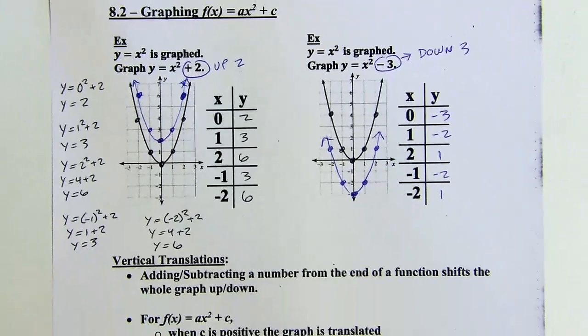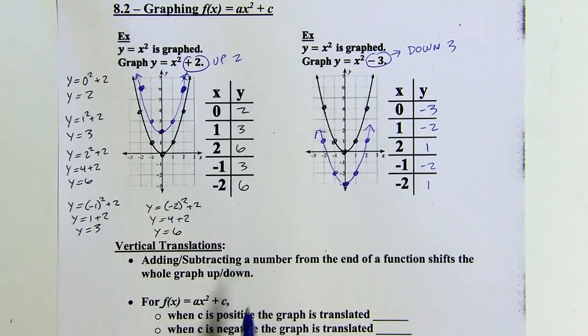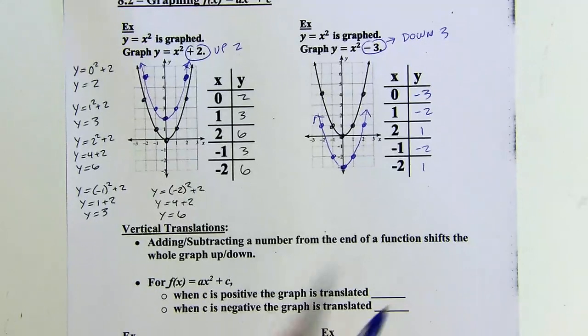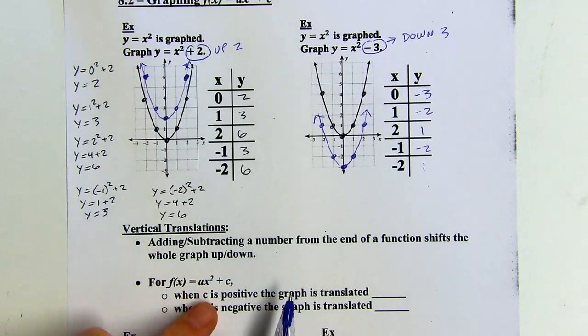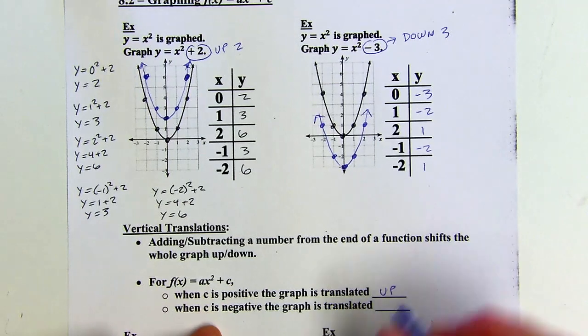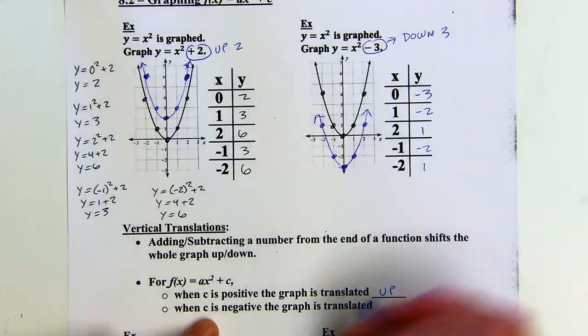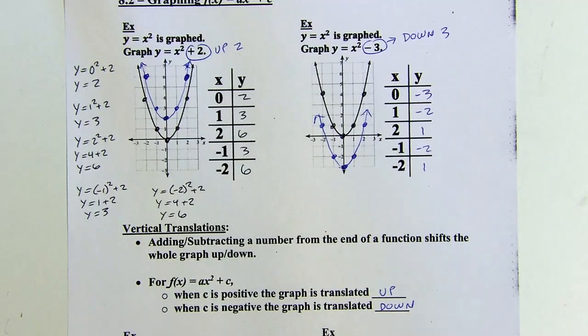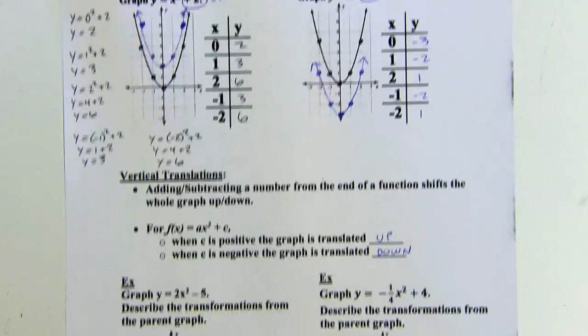Okay, so that brings us to vertical translations. Adding or subtracting a number from the end of a function shifts the graph up or down. That depends if you're adding or subtracting. Okay, so when c is positive, that means we'd be adding, and the graph is translated up. When c is negative, you could think of that as subtracting or adding a negative, and then it's going to move down. Okay? All right.